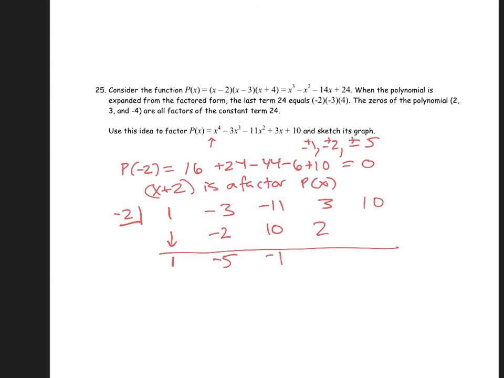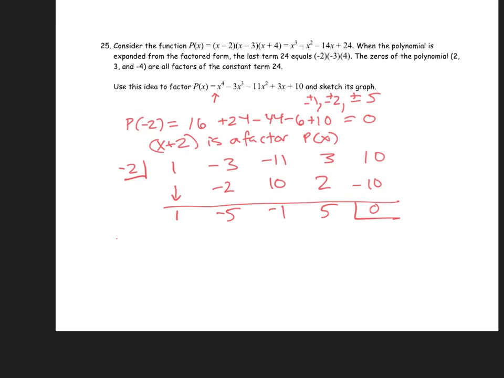Keep doing this algorithm over and over, and then -10, which is what I expect. Because I determined it was a 0, I better get a remainder of 0. All right, so what I just figured out was p of x equals x plus 2, my divisor, times my quotient, which is going to be x cubed minus 5x squared minus x plus 5.